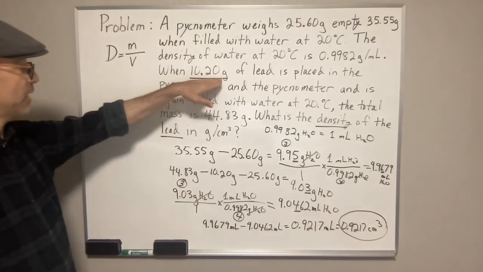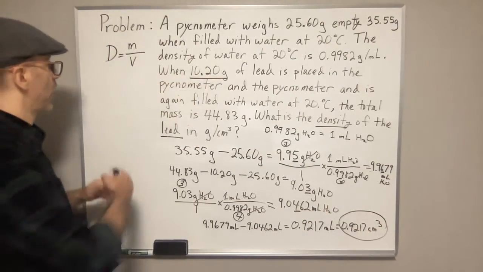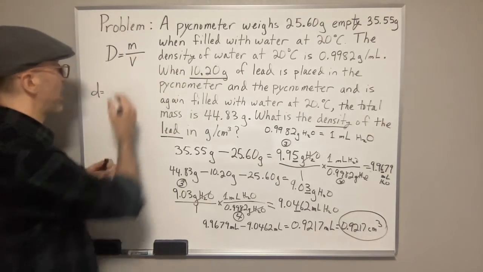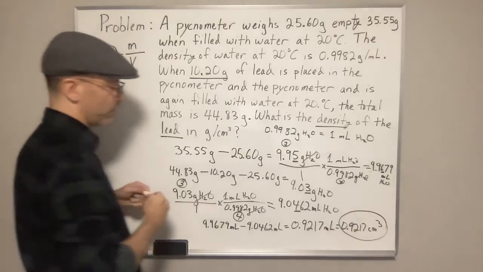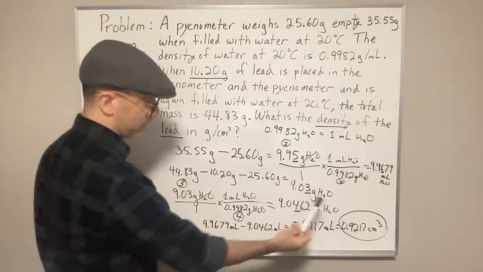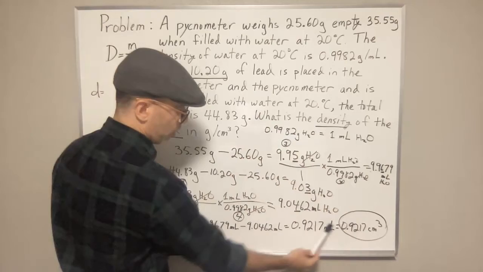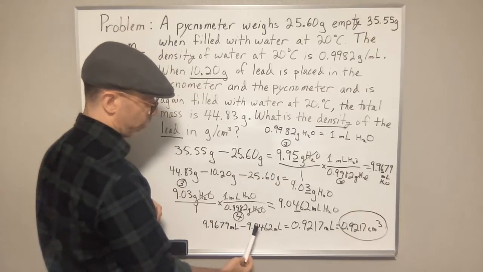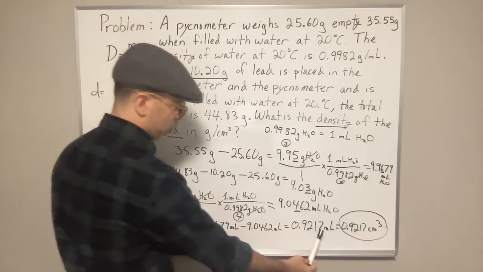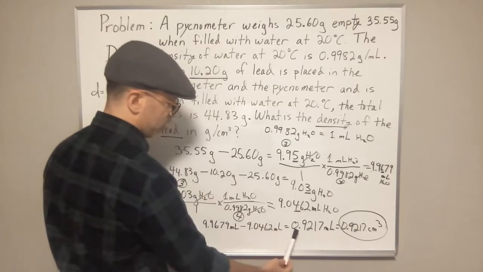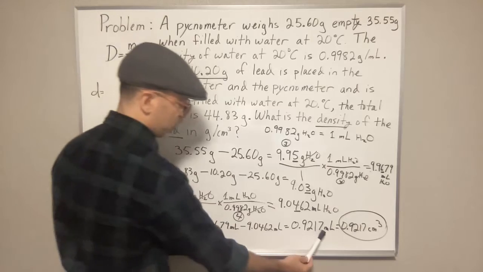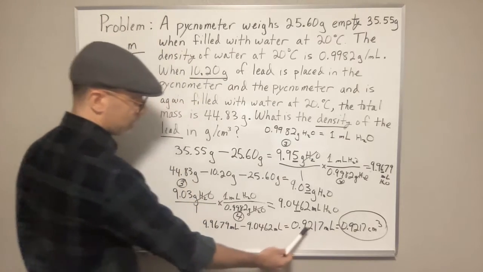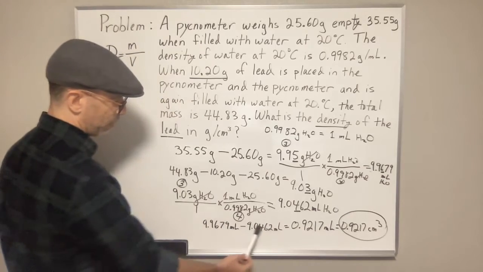They gave us the mass of the lead earlier, so now we can find the density. Density is equal to mass over volume. But first we need to identify the number of sig figs here. Again, we're adding or subtracting here. The rule is that the answer should have the least number of decimal places of the numbers used.